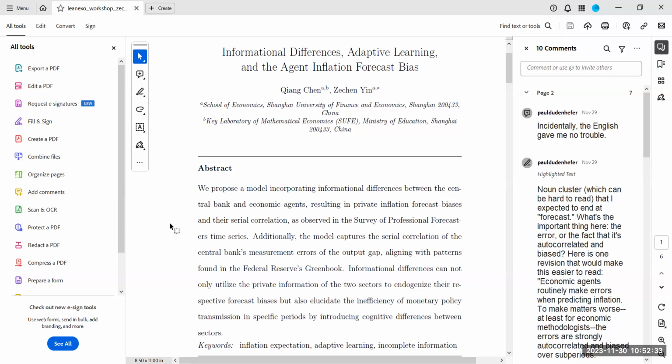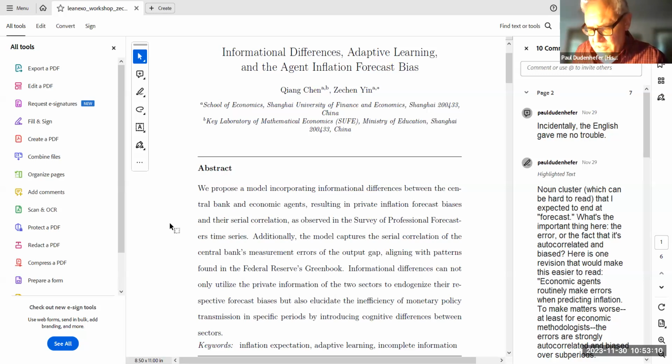The approach I take here not only solves the pattern we see in private forecasts, but also the forecast errors of the central bank, and this kind of friction endogenizes the forecast errors of the two sectors.